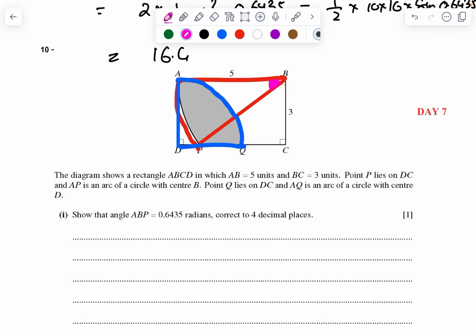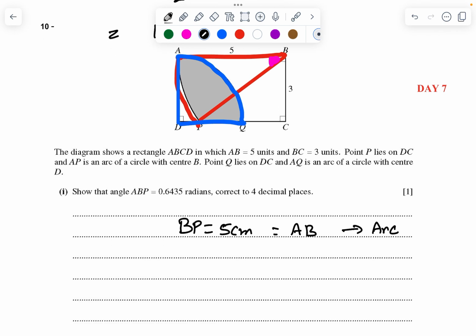So we know that this length BP is also equal to 5 centimeters, because it is AB, because it is an arc with the same center.